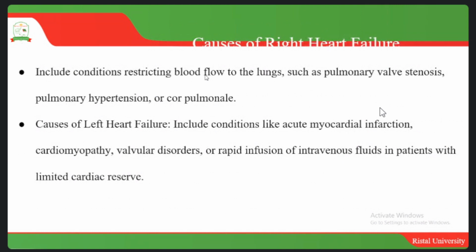When you look at the causes of right heart failure, it includes conditions restricting blood flow to the lungs, such as pulmonary valve stenosis, pulmonary hypertension, or cor pulmonale. Cor pulmonale is basically the failure of the right lung. So when the right lung fails, there will be a problem. Pulmonary valve stenosis is where the valves at the pulmonary vein fail to function, and stenosis is basically failure of something to function or to flow.